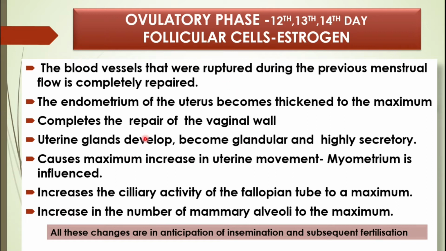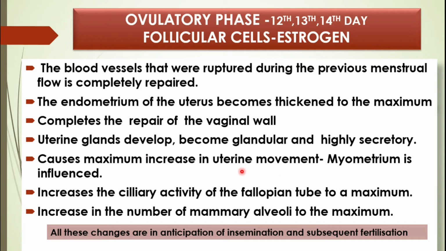During the ovulatory phase, if insemination has happened, obviously there are chances for the sperm to move from the vagina to the uterus, and the uterine movement will hasten the movement of the sperms towards the fallopian tube, towards the ampullary isthmic junction.